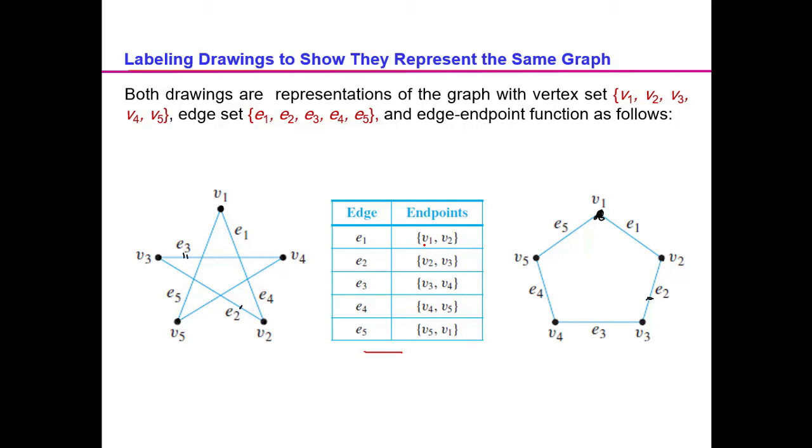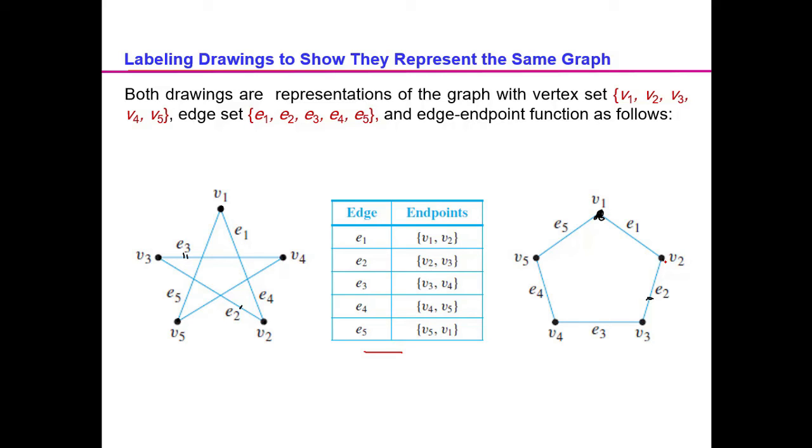So we are labeling V1, V2, V3, V4 and V5, and we see here that E1 is present between V1 and V2. So there is an edge E1 from V1 to V2, and then we see that E2 is present between V2 and V3.